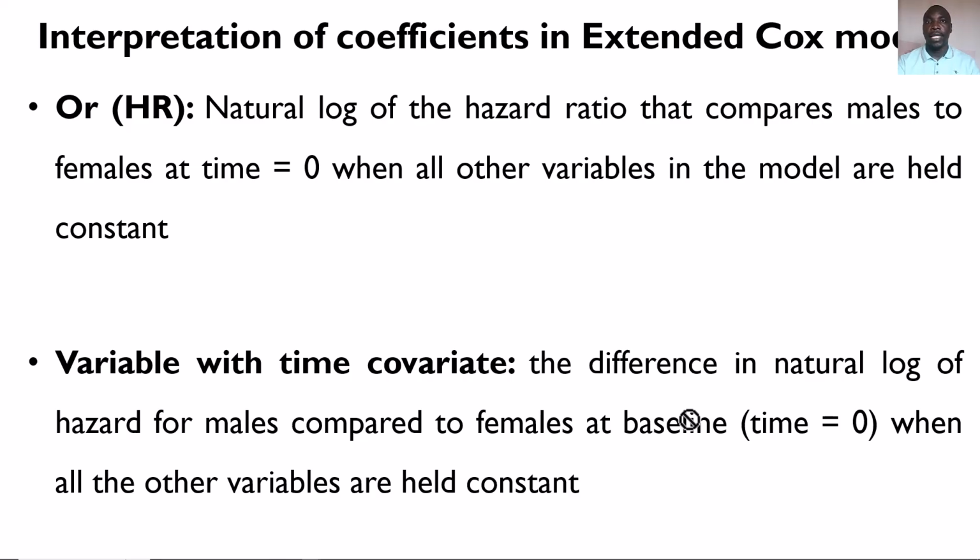Like we saw in the interpretation of the standard Cox, when we are reporting hazard ratio, we are just talking about the natural log of the hazard ratio. But for the betas or the coefficients, we are talking of a difference in the natural log of hazard. I highly recommend that you go and watch the video of the interpretation of the standard Cox regression, because we cover all these concepts in detail.